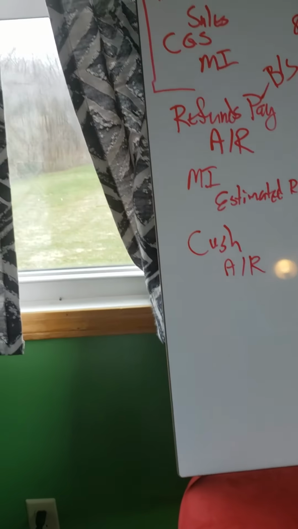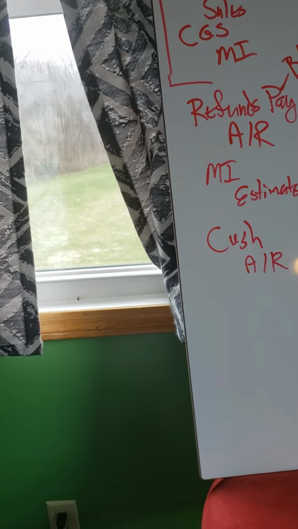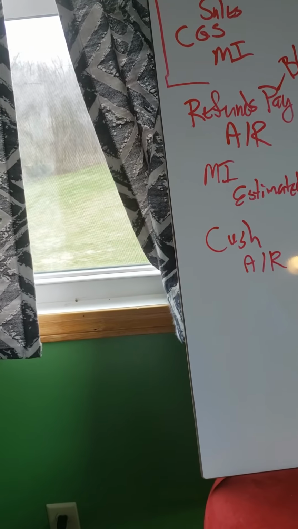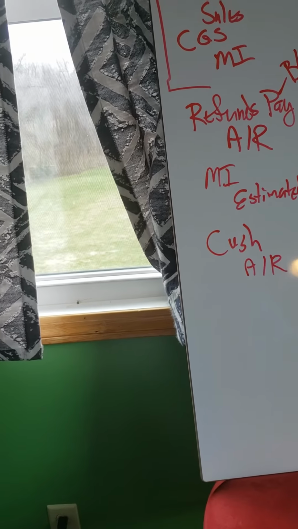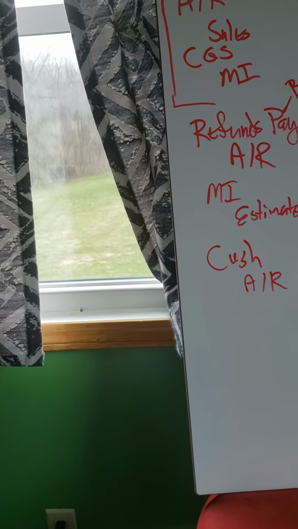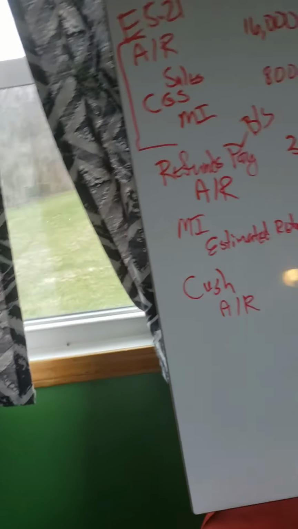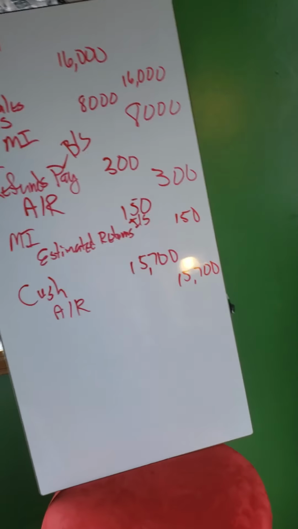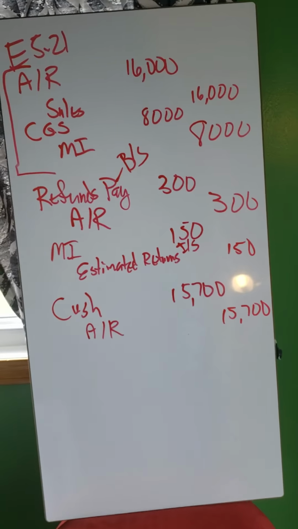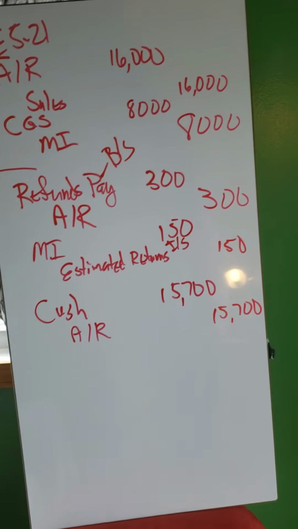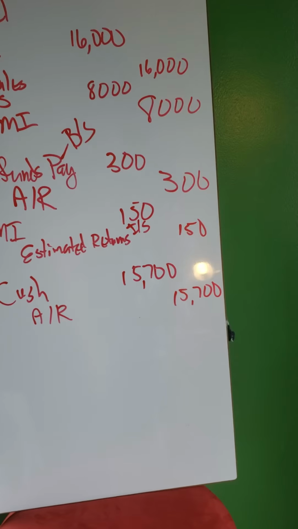Okay, the transaction on the 20th. I sold $4,900 of antiques on account, credit terms 1/10, net 45, FOB destination. Cost of the goods is $2,450. Again, we're going to record this sale at the net amount, the amount after the discount.